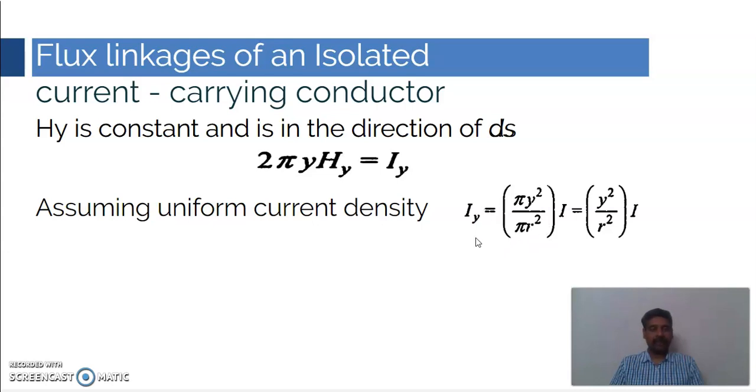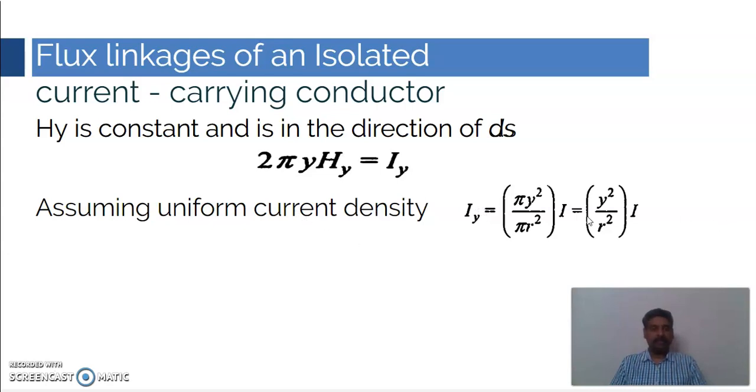So Iy by pi y square equals I by pi r square, and if you rewrite it, Iy can be written as pi y square by pi r square times I. If you cancel pi, it can be represented as y square by r square into I. This is the relation between I and Iy considering the uniform current density.